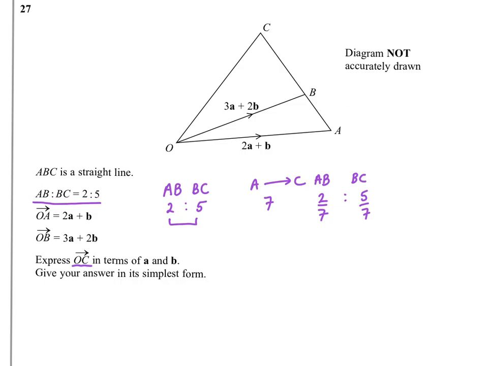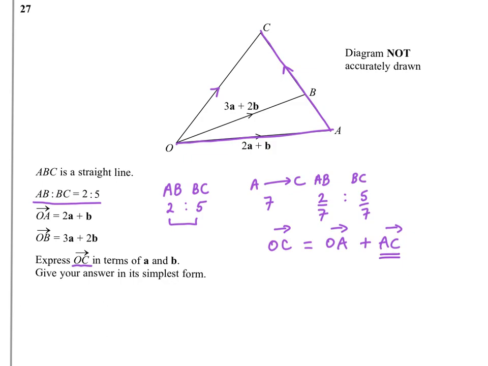So let's start the question and we'll keep that ratio in mind. We know what OA is and we know what OB is, and we want to go from O to C. So if we want to go from O to C, then the journey you can take is you can go from O to A and then A to C. So I would say O to C is the same as going O to A plus A to C. And then because we've got A to C here, we already know something about AC.